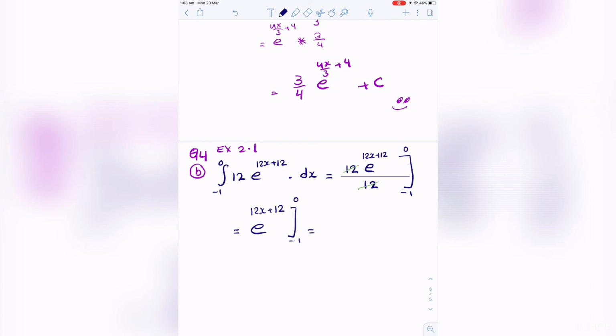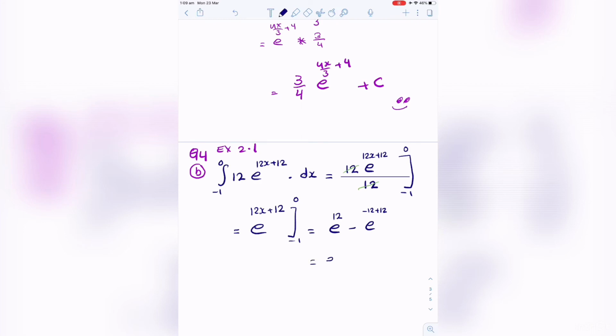At 0 this is e to the power 12 times 0, which is 0, plus 12, so e to the power 12, minus e to the power 12 times -1, which is -12, plus 12, so e to the power 0.